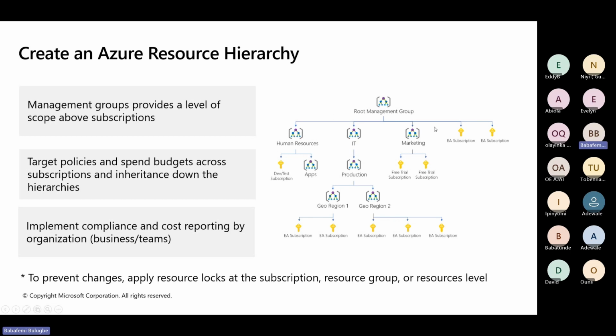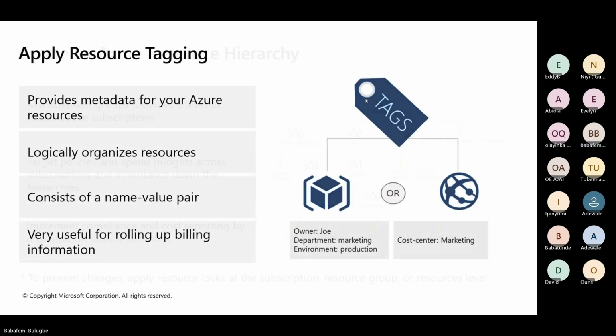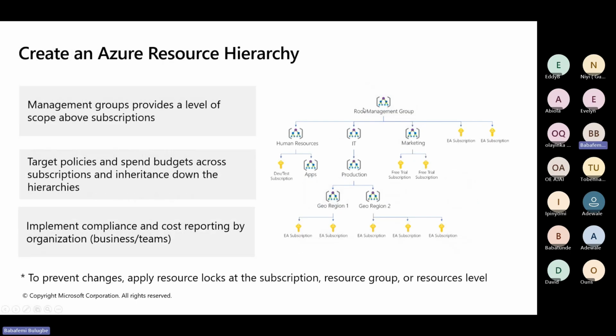All these things you can see is just for you to be able to manage the resources at once. So anyone assigned a role on this root management group will be able to manage every other resource you can see here, the subscriptions, the management groups, and the likes.